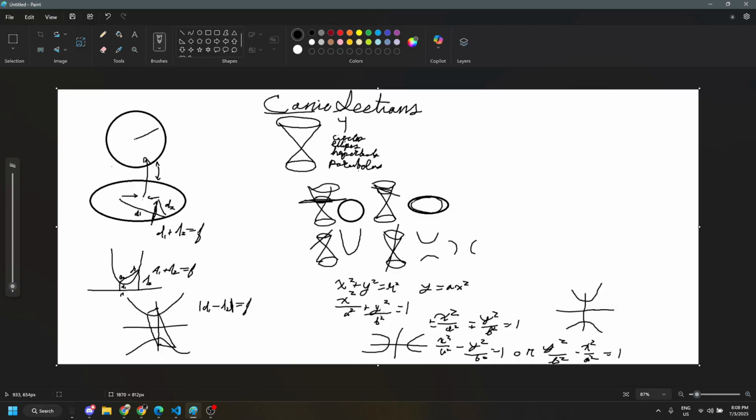But there's a way to find it from the equation of the ellipse and the hyperbola. I don't know much about the parabola actually, but it has to do with finding the focal length and everything. And also I might make a video about eccentricity because I know that's something about the foci. I don't really know what that is, and I want to know more about that. So maybe I'll make a video about that too.